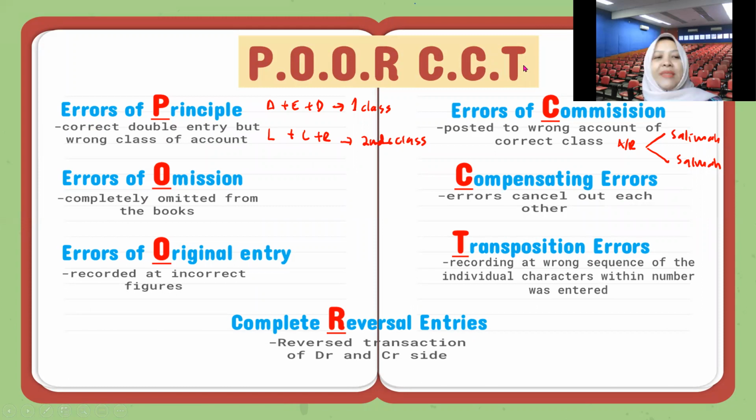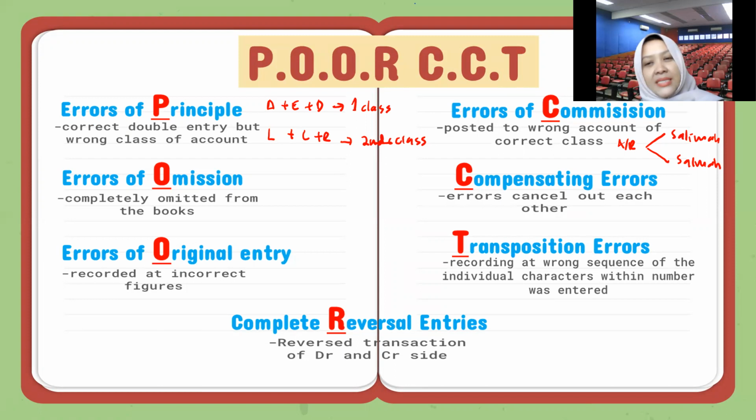POORCCT. So error of principle, error of omission, error of original entry, error of reversal entry, error of commission, error of compensation, and then transposition error.